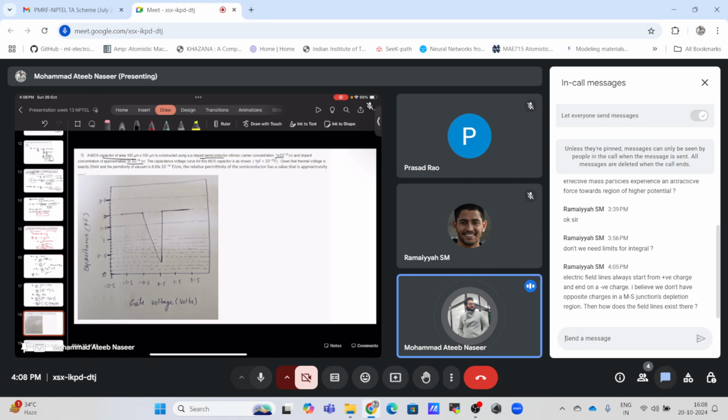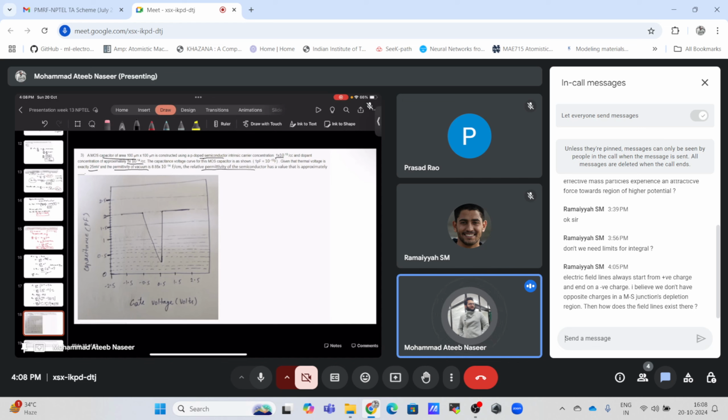The CV curve is given, the thermal voltage is equal to 25, and vacuum permittivity is this. The relative permittivity of the semiconductor has a value approximately equal to this. We have to find the relative permittivity of the semiconductor.